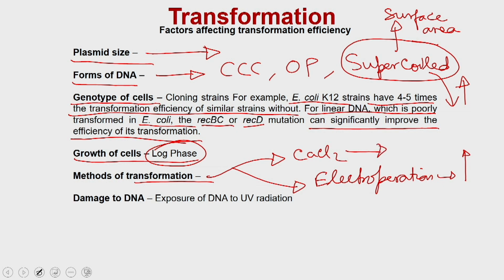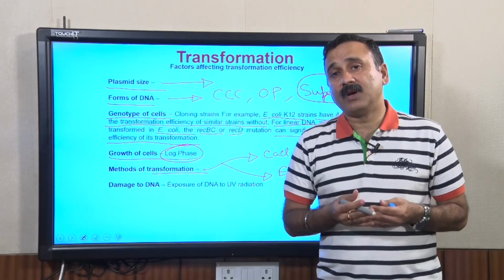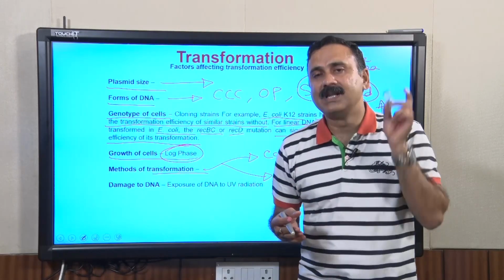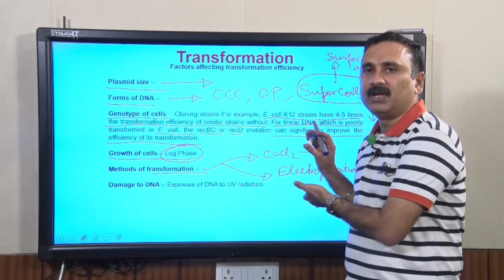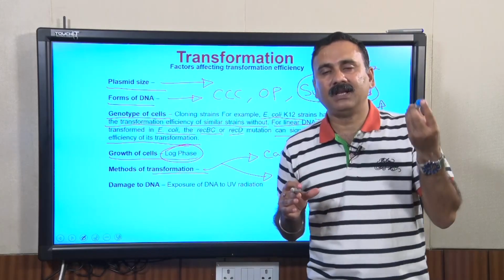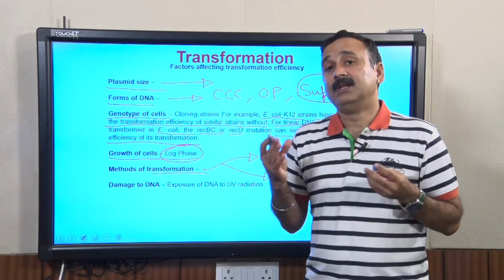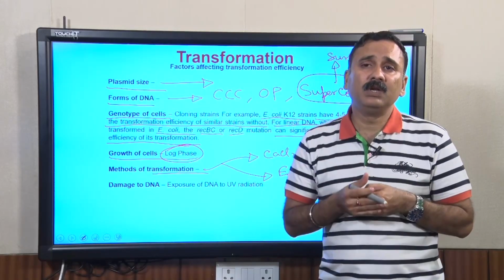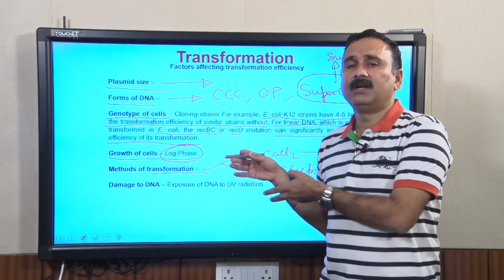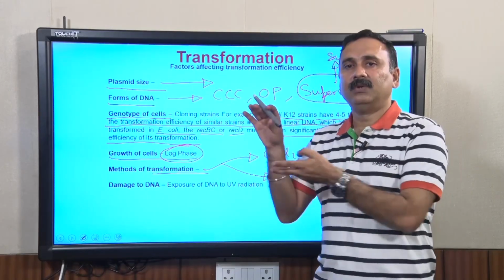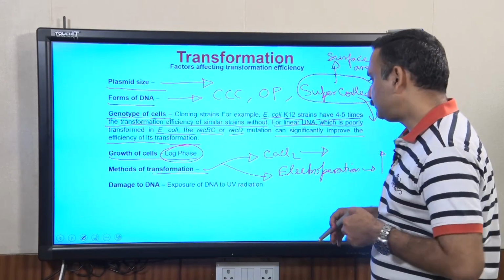The only difference is that the calcium chloride method does not require very high-end and costly electroporators, and it also does not require the transformation cuvettes, but in the case of electroporation you require these materials to perform the transformation. However, the transformation efficiency you get with electroporation is way more compared to the calcium chloride method.